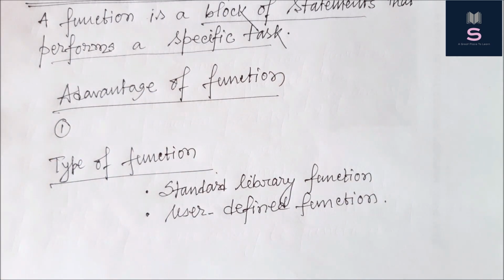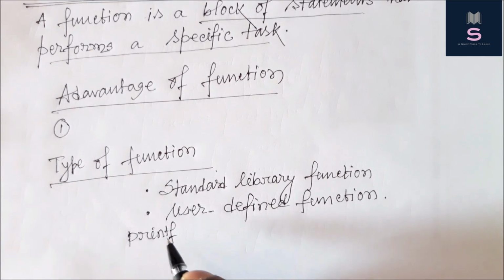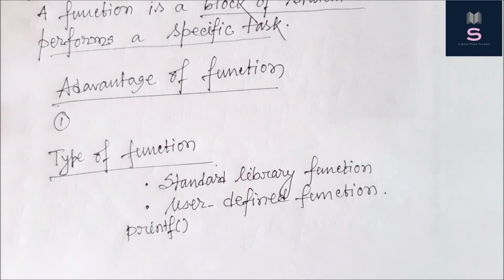So, what does standard library function mean? The standard library functions are built-in functions in C programming. These functions are defined in header files, already predefined. For example, we have already used the printf statement. printf is a standard library function to send formatted output to the screen, or you can say display output on the screen.